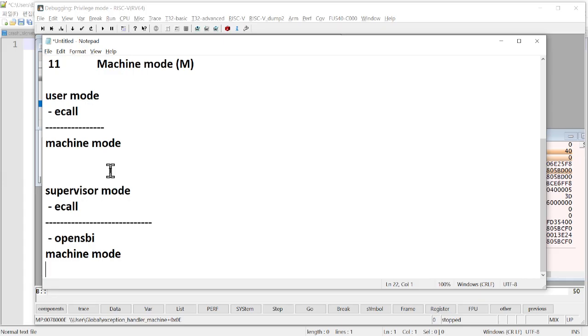When the supervisor mode wants to get critical information, a call assembly instruction should be performed to get into the machine mode. The reason is to retrieve the critical information. OpenSBI should be implemented in any RISC-V based system.